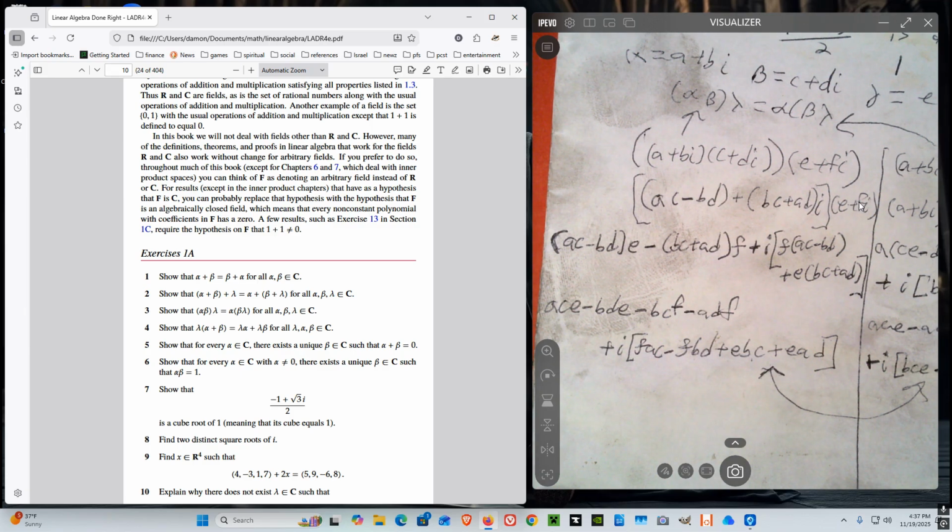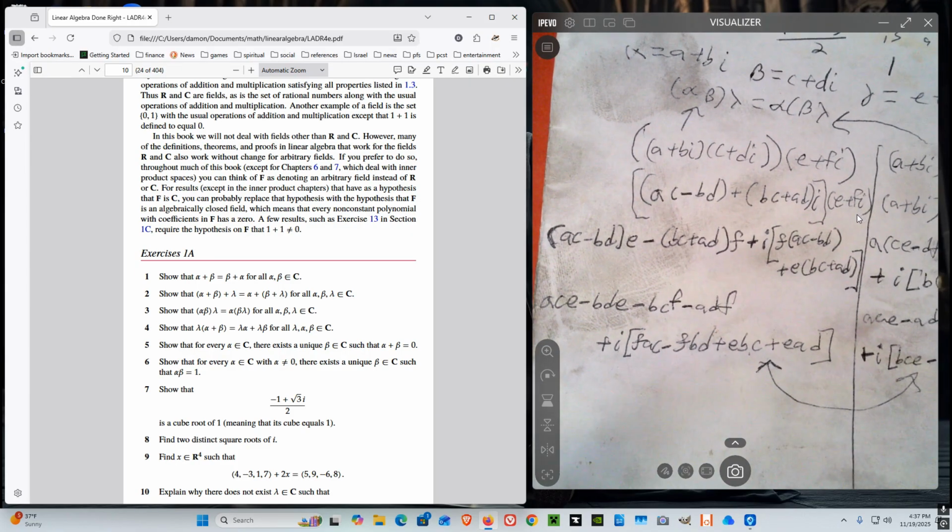Then I used the distributive property. Oh no, I used complex multiplication here because this is A plus BI and this is in the form A plus BI. So the regular rules for multiplication work. So I wrote that out, the multiplication.